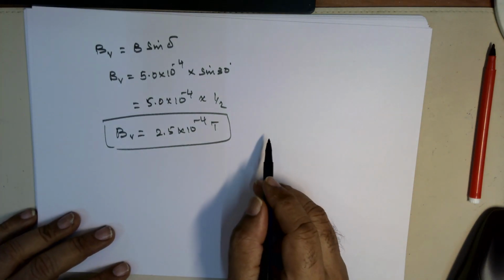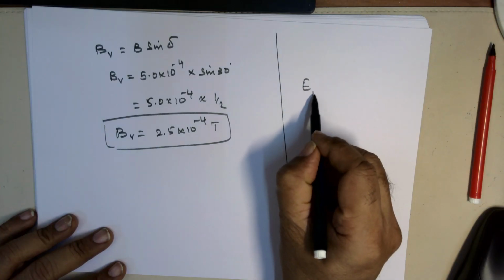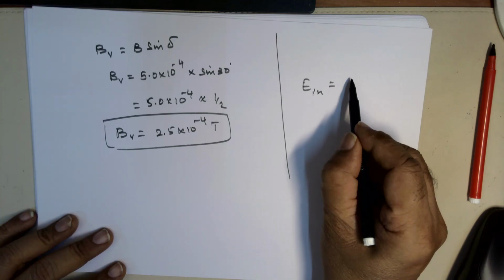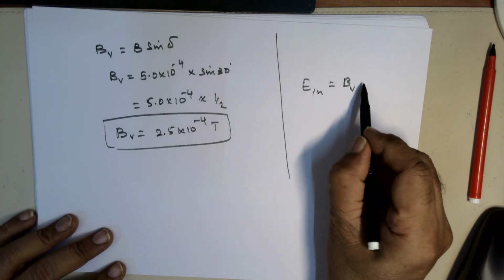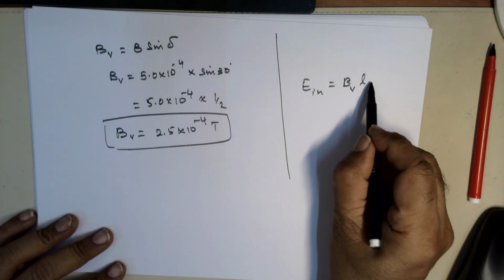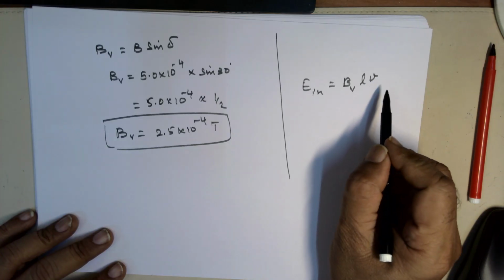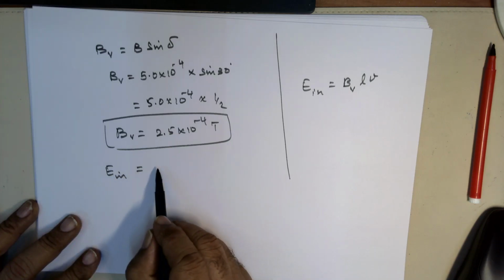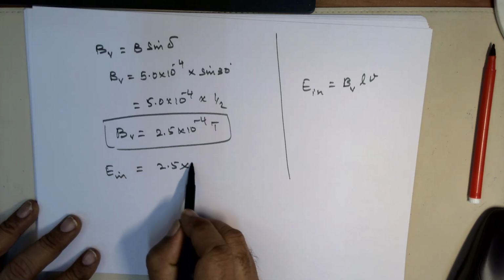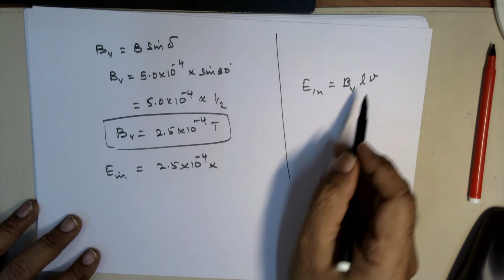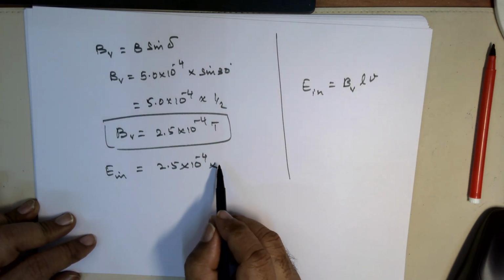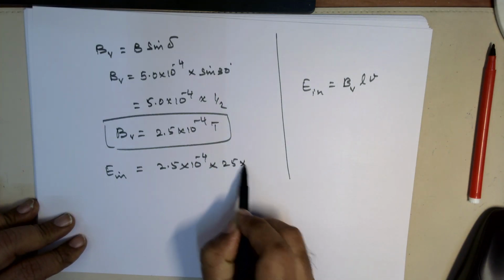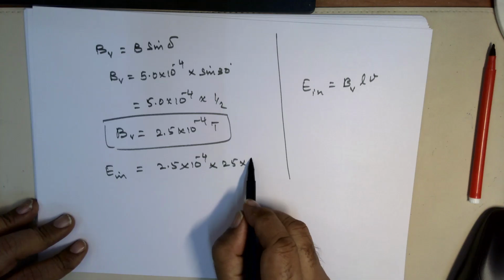So what is the formula for induced EMF? Induced EMF is equal to BV into L into V, where V is velocity. Okay, BLV. Now let us apply this. E induced is equal to, what is the B value here? 2.5 into 10 power minus 4 Tesla. The length is 25 meter, and the speed is 500.